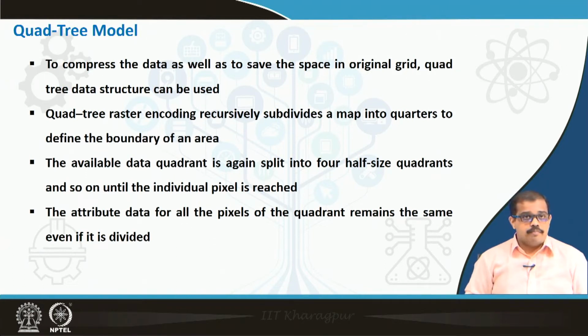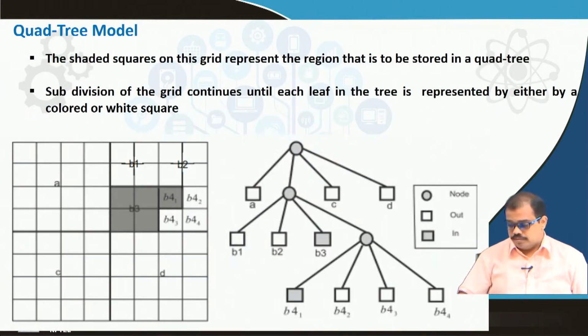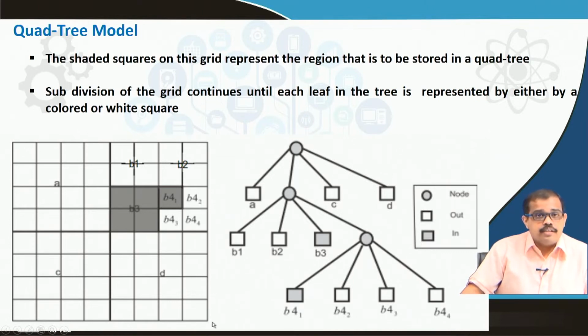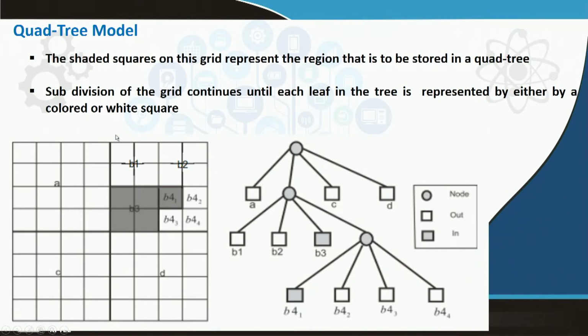reached. For example, if this is the entire image that we have considered, I am representing this image in terms of a quadtree raster data model. First, it divides it into 4 equal quadrants, that is A, B, C and D. Now you have 4 different quadrants.